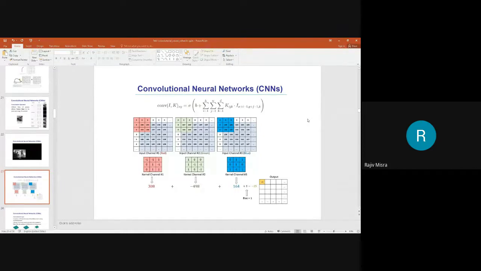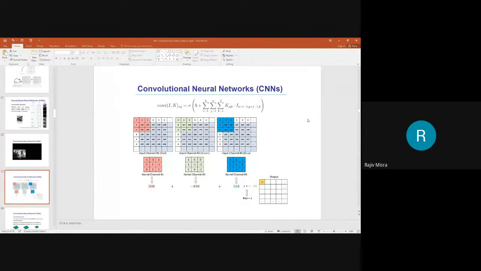And you have to add some bias to it, and finally this will become the corresponding values. You can see that 308 is the value you are getting out of channel 1, that is from the red color.